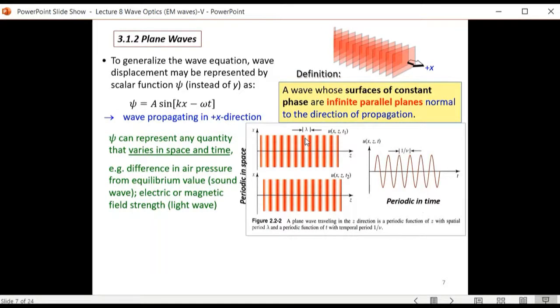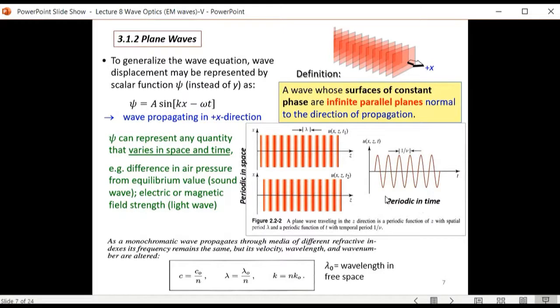This figure here shows a plane wave that is traveling in z direction, and it is a periodic function of z with spatial period of lambda, and it is also a periodic function of time with a temporal period, which is from here to here, which is reciprocal of the frequency. For a monochromatic wave that propagates through a medium of different refractive indices, its frequency remains the same, but the velocity, the wavelength, and the wave number will change.